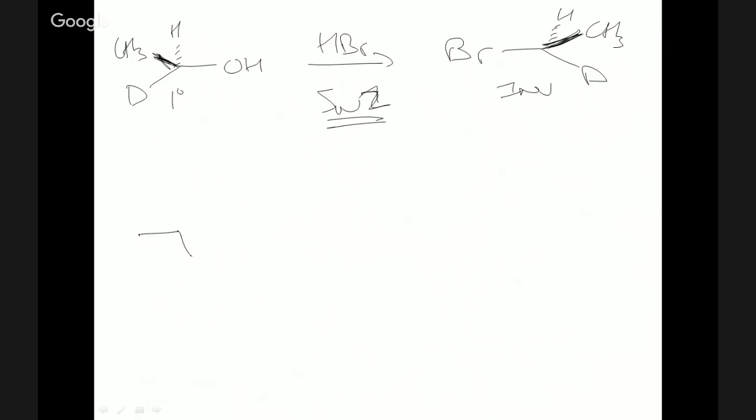We look at a tertiary. Chiral center. Tertiary, 4 different groups. It's chiral, HCl. What do we get? We actually get 2 different products.